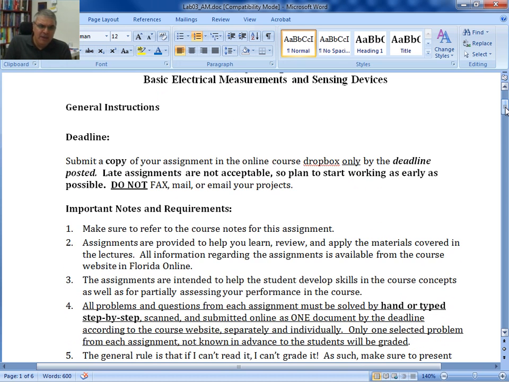There is a course note associated with this assignment. Make sure to refer to the course notes for this assignment. Many of the questions that you may have will be answered by the course notes. If you still have questions, they should be asked after you read all the course notes and refer to the book, and if you still have questions, I'd be more than happy to help you out.